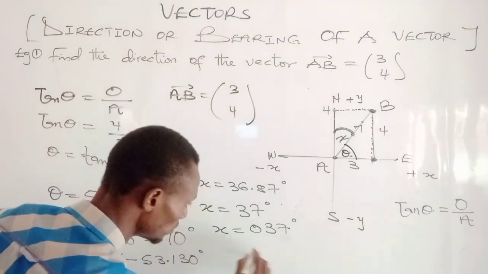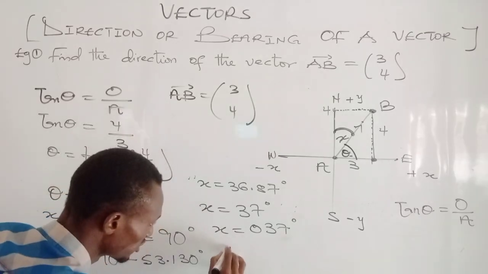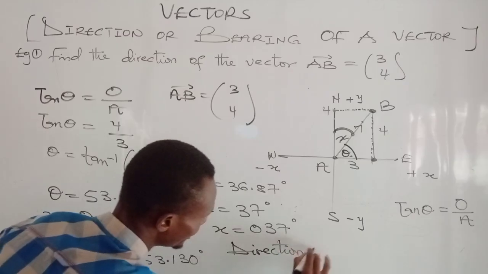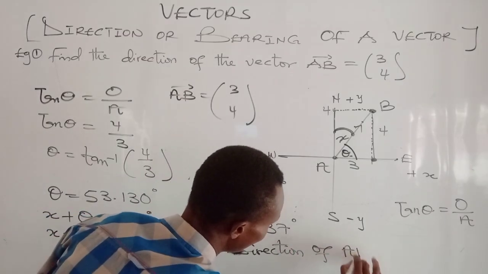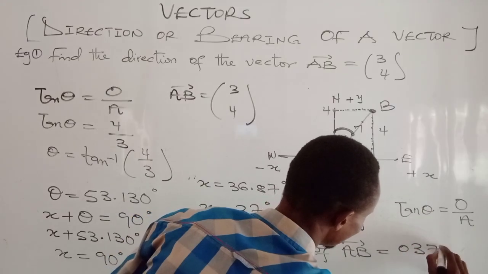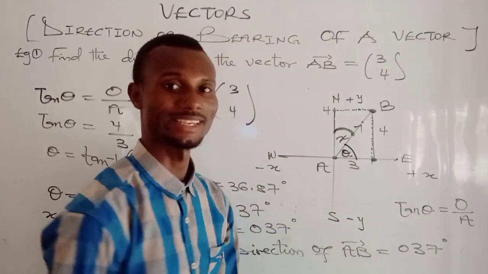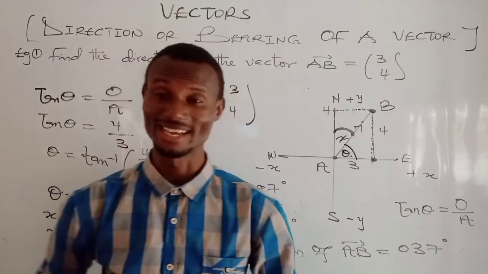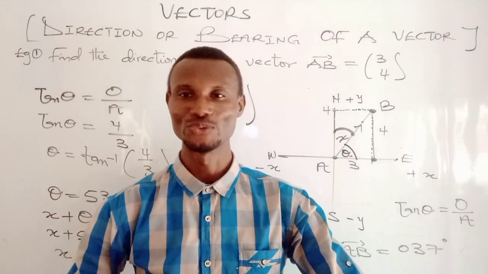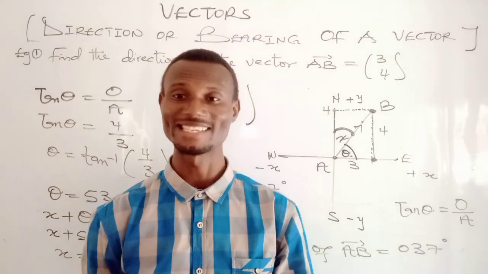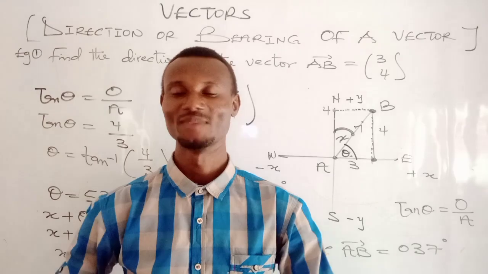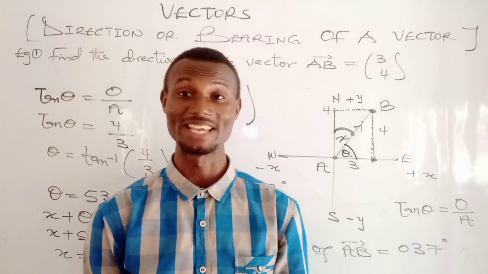You write it down: direction of the vector AB is equal to 037 degrees, and this is your final answer. I hope the explanation was clear enough and you understood it as well. So this is how to handle a question on finding the direction or bearing of a given vector.